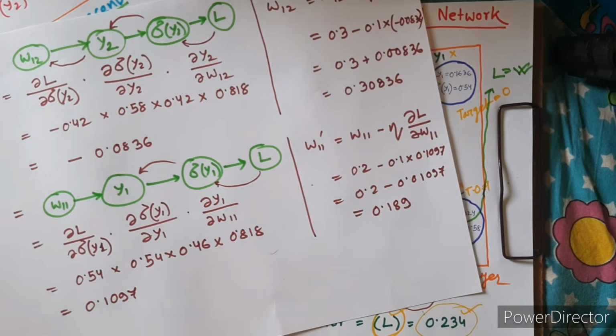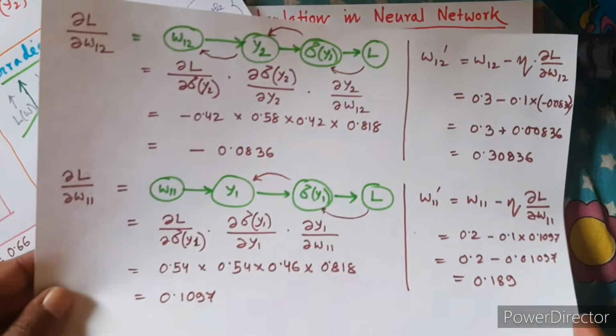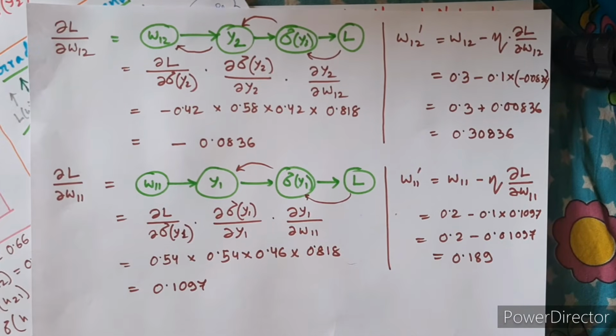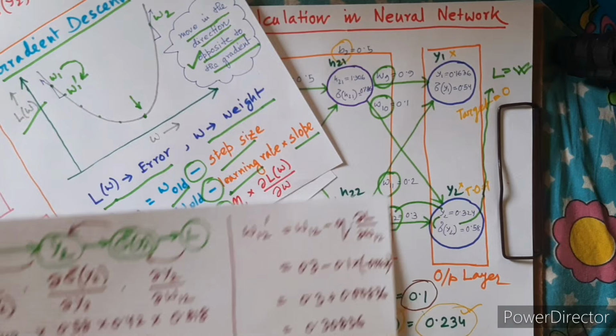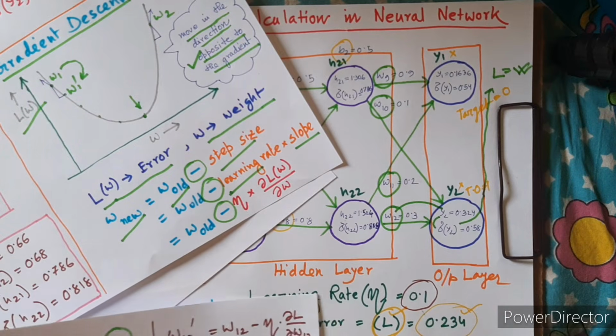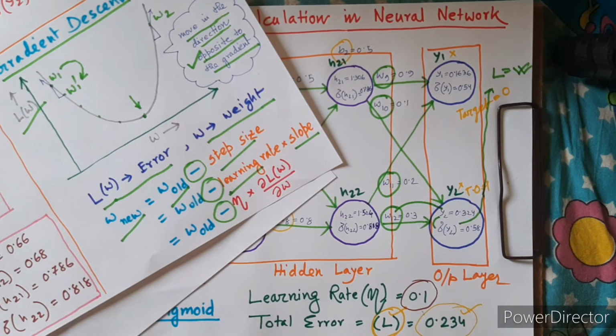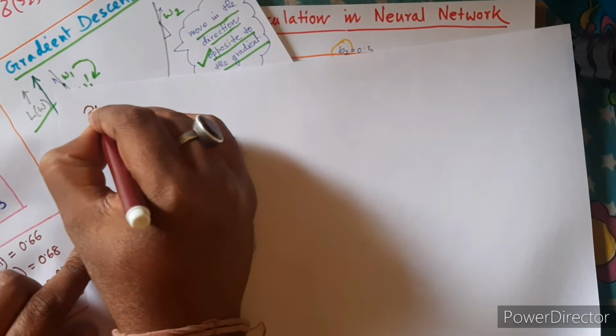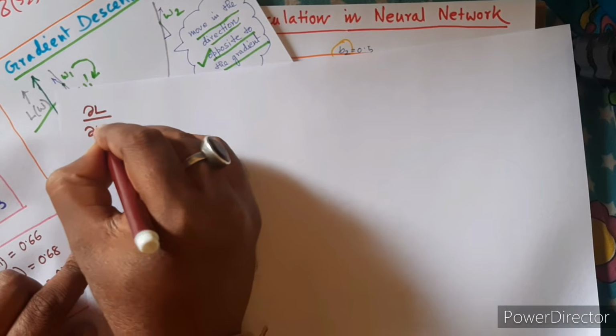So now let's calculate for the other two values. What is the next value? I will calculate delta L by delta W10.